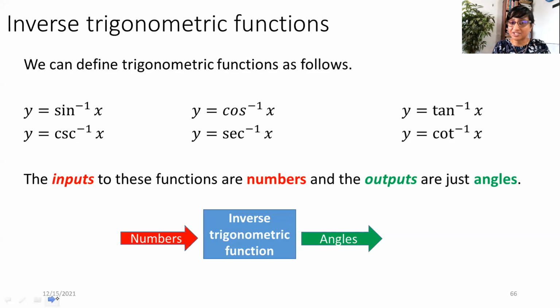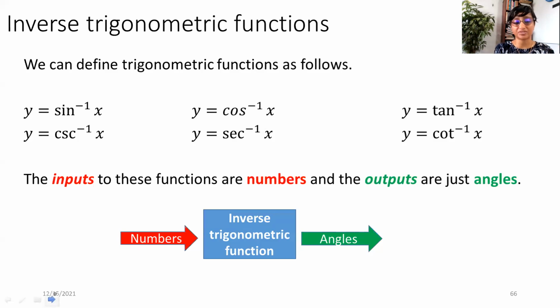For these functions, the input is a number, the output is the angle. Is that clear to everyone? In the trigonometric functions, you input an angle. x is an angle, y is a number. In the inverse functions, x is a number, y is an angle.